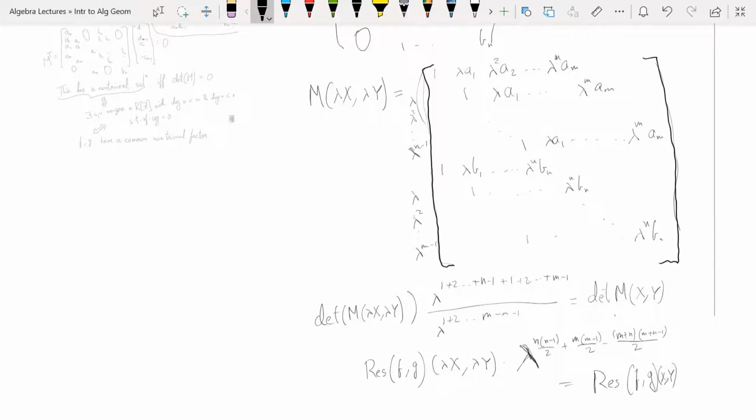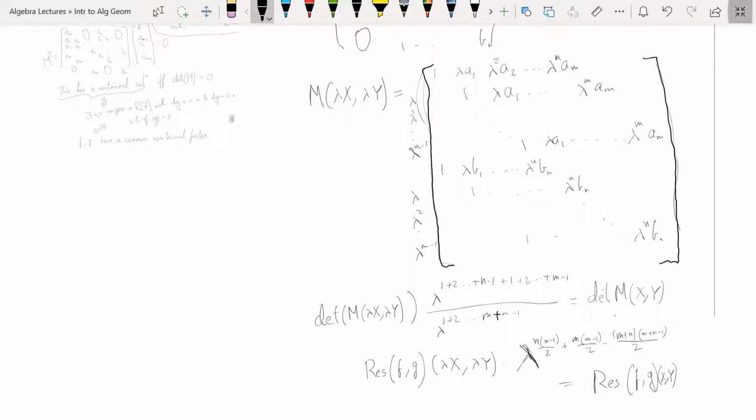This is in effect dividing by lambda to the power m plus n minus 1. Once we factor out all these lambdas, we get back Mxy. So the determinant of this times this factor is the same as the determinant of Mxy.